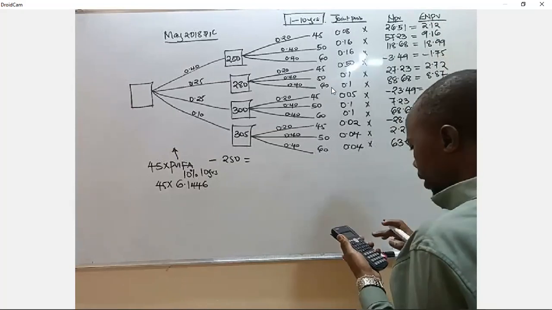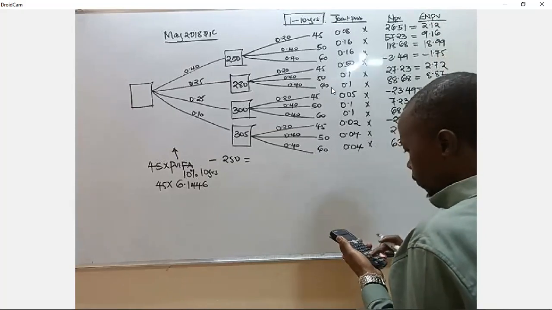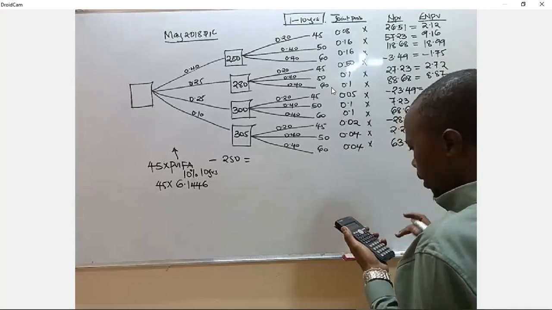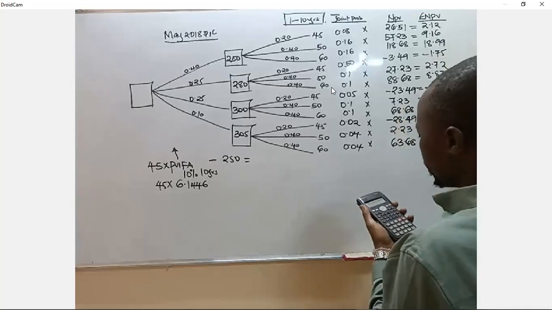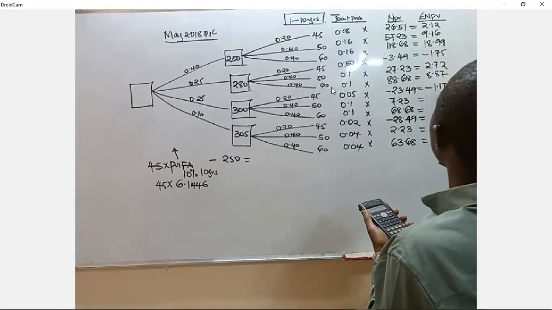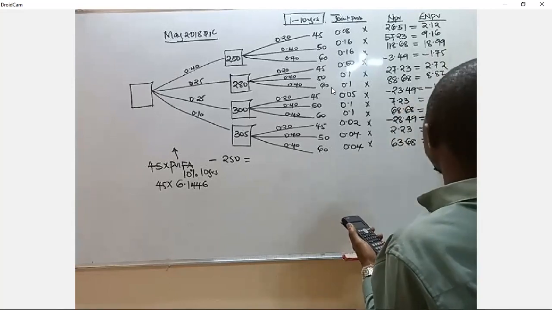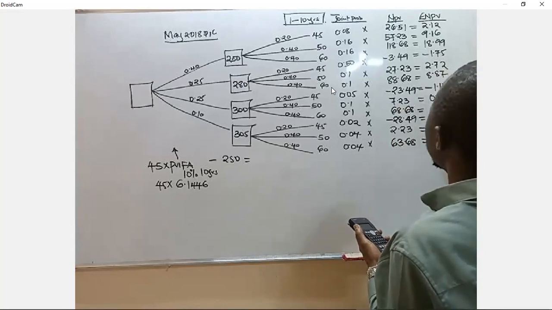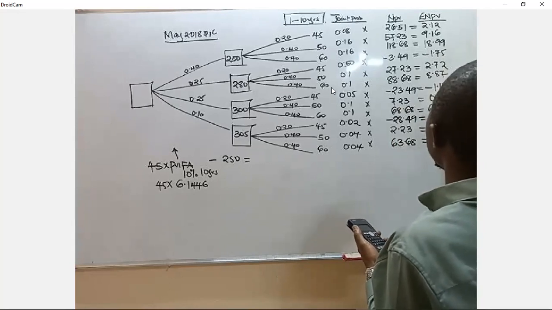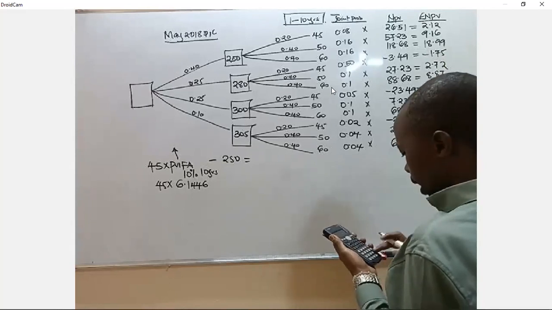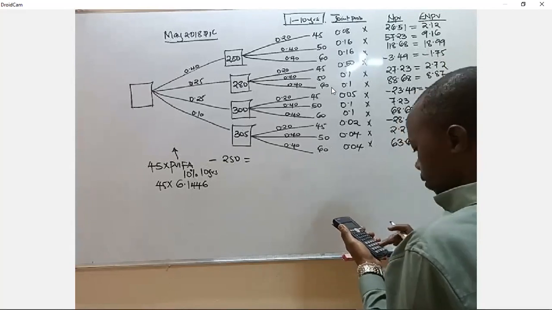The other one will be negative 23.49, right, times 0.05. Getting negative 1.17. The other one will be 7.23. We multiply by 0.1, getting 0.72. The other one will be 6.87. The other one will be negative 28.49.